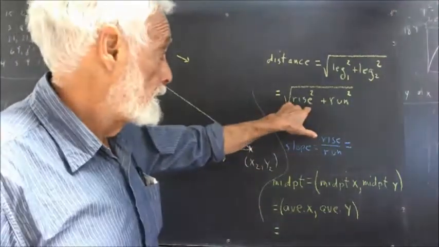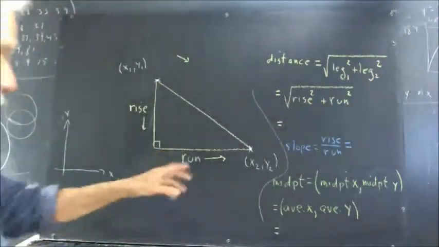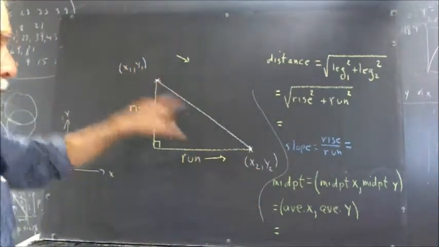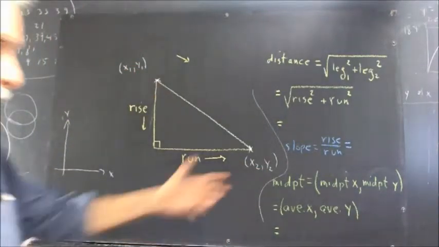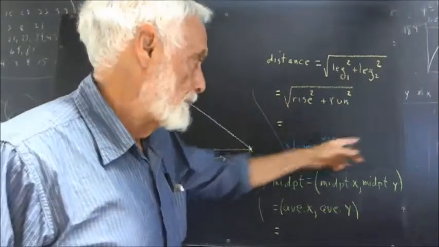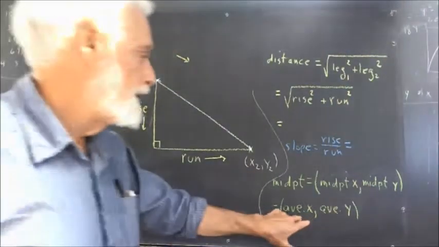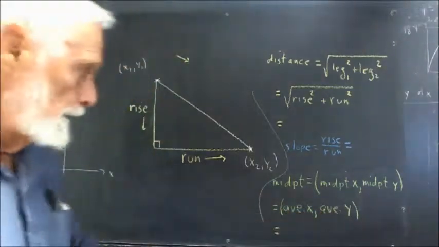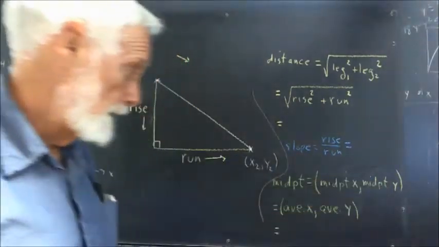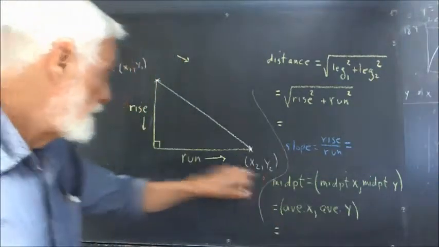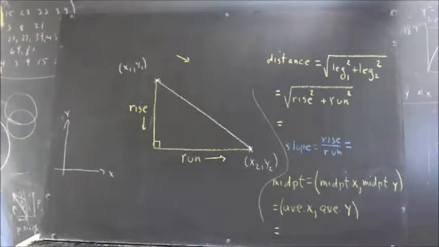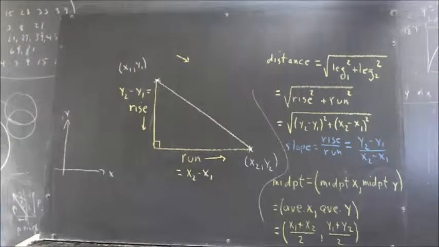So we'll be able to replace the rise and the run with expressions involving the coordinates of the 2 points. And having done that, we can do the same thing to get the expression for the slope, and then we can find the average x and y values to get the midpoint x and y values and put that in terms of these coordinates. And I'm going to go ahead and fill those in.